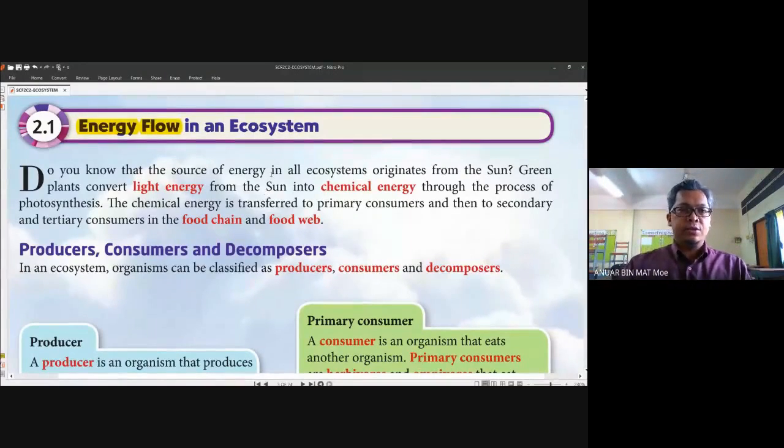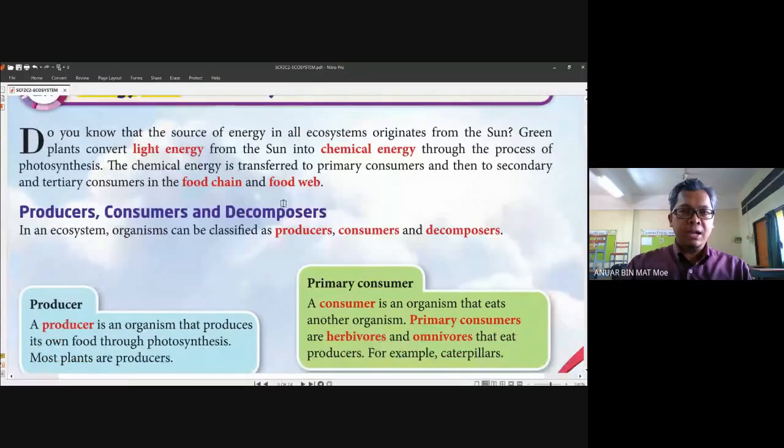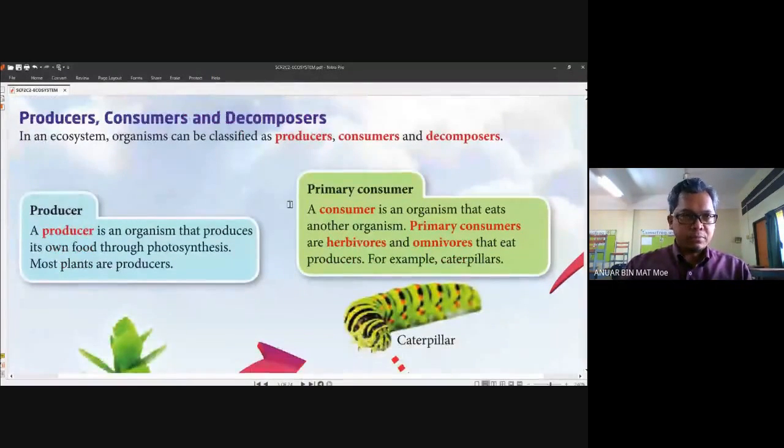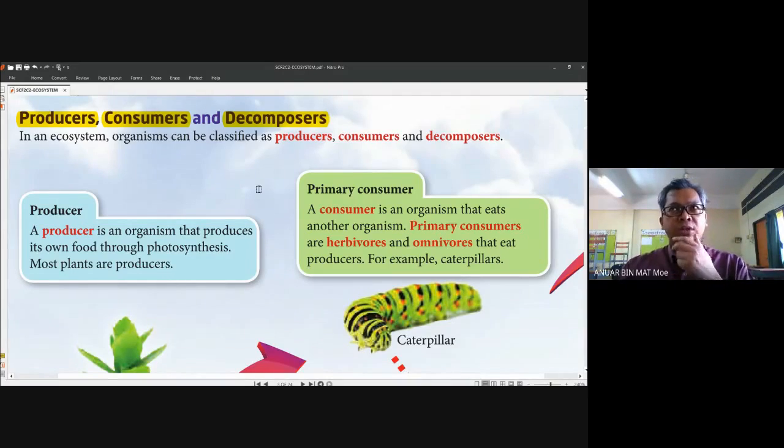So you need to remember, in an ecosystem there are three organisms classified by, one is producer, one is consumer, and one is decomposer. This is the classification of the role.